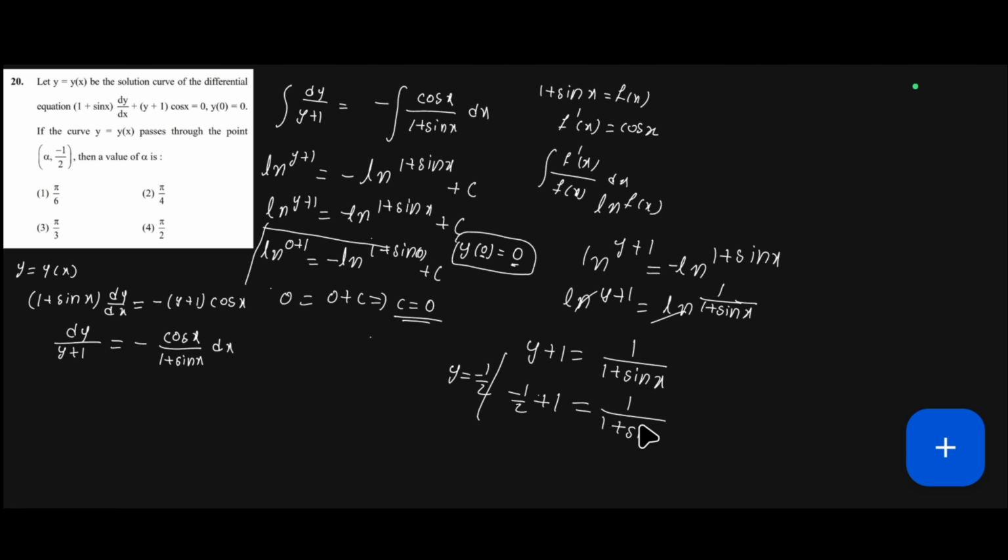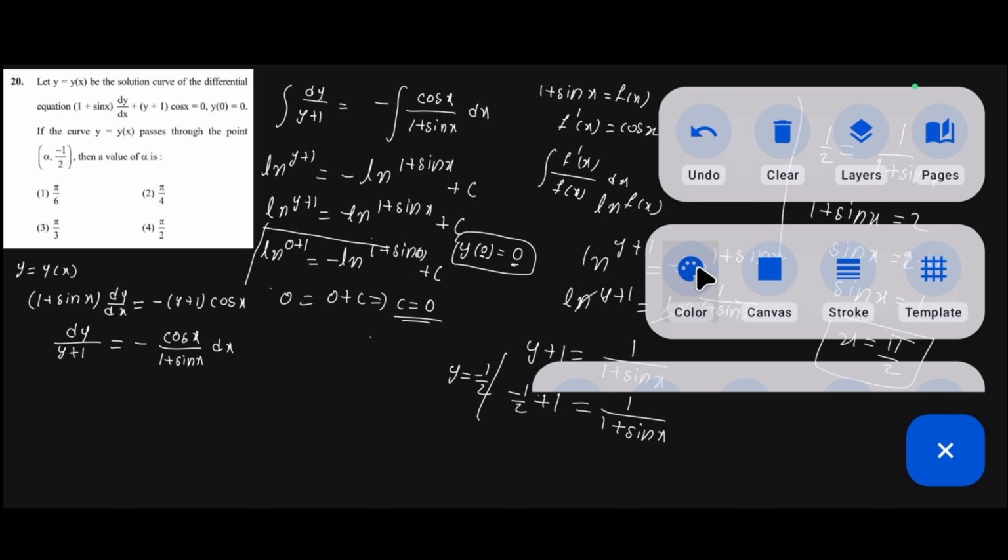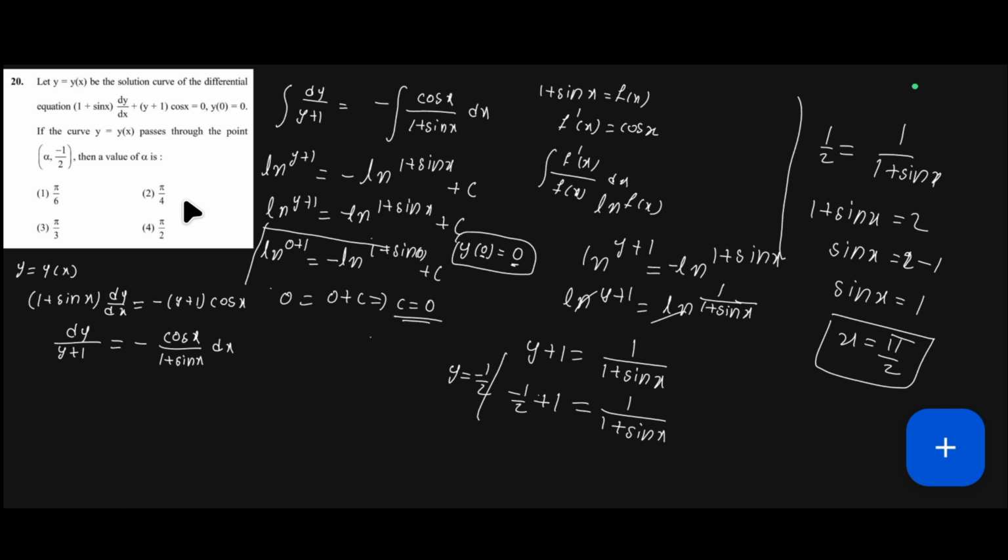So it is 1 by 2, that is 1 by 2 is equal to 1 by (1 + sin x). So 1 plus sin x is equal to 2, sin x is equal to 2 minus 1, sin x is equal to 1, x is equal to pi by 2. So the x value is pi by 2.